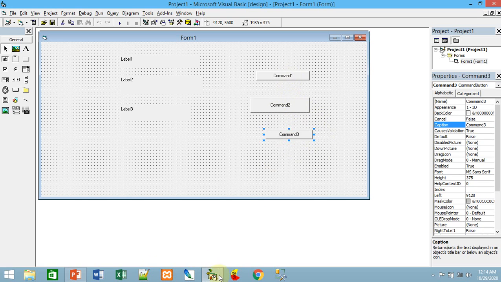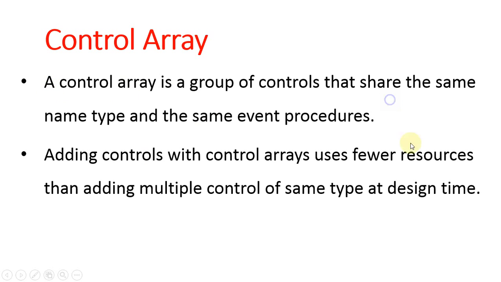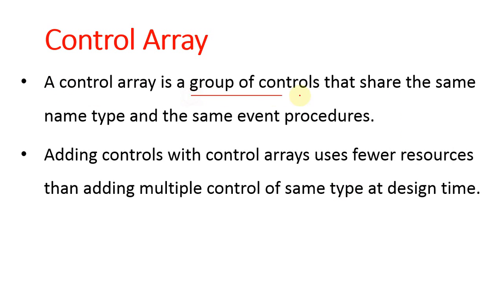But a control array is a group of controls that share the same name type and the same event procedures.